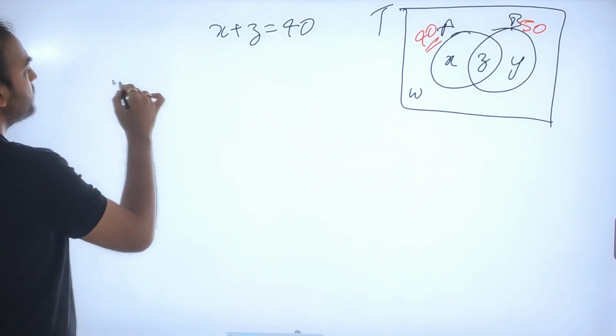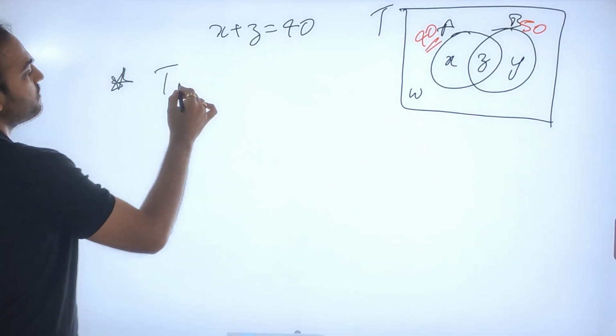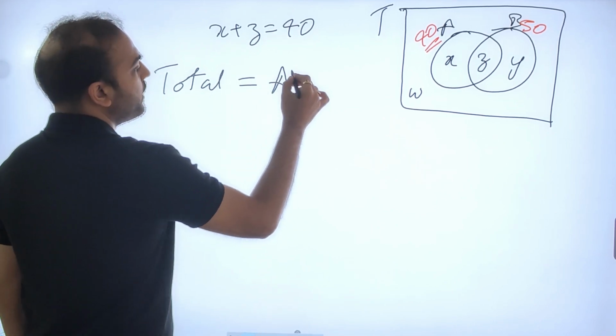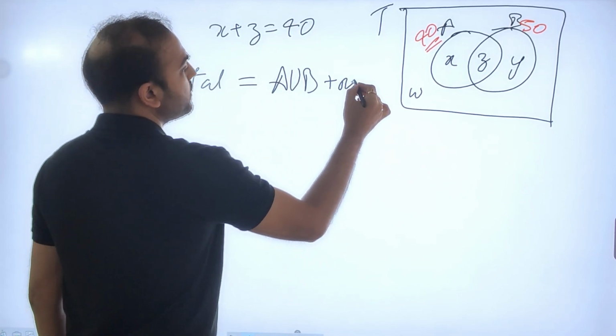So the first formula that you need to know is total is equal to A union B plus neither.